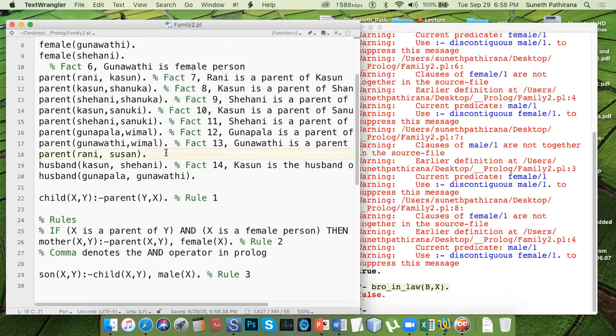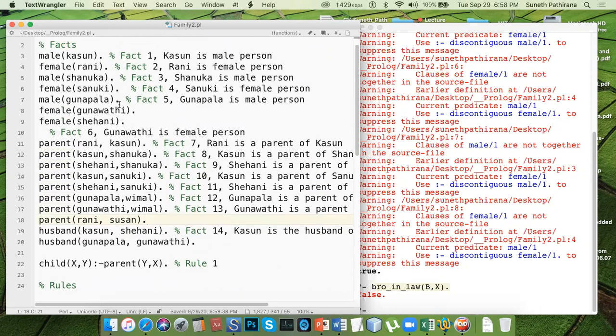Now Rani has two children, two male persons. Then we need to define the male gender of this person Susan as well.